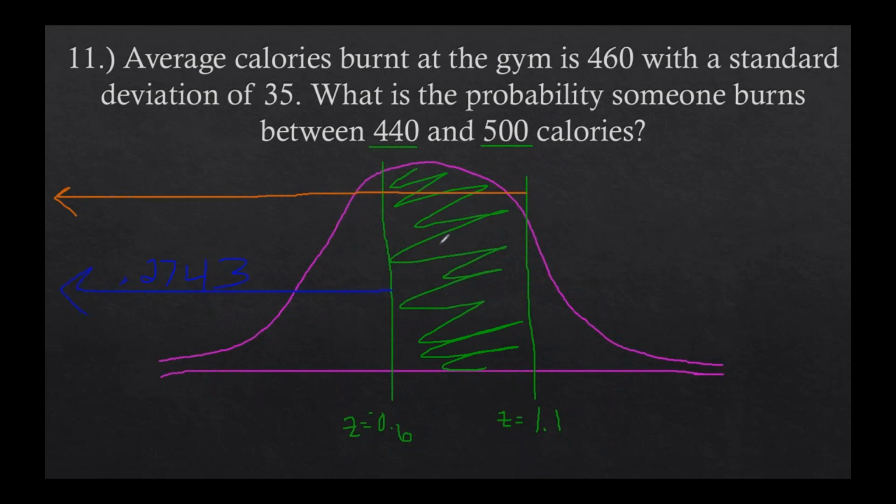What is the area to the left of 1.1? 0.8643. Okay, now with this image, you see that orange is all the way to the left, blue to the left, but we only want this spot up in here. How do I do that mathematically?